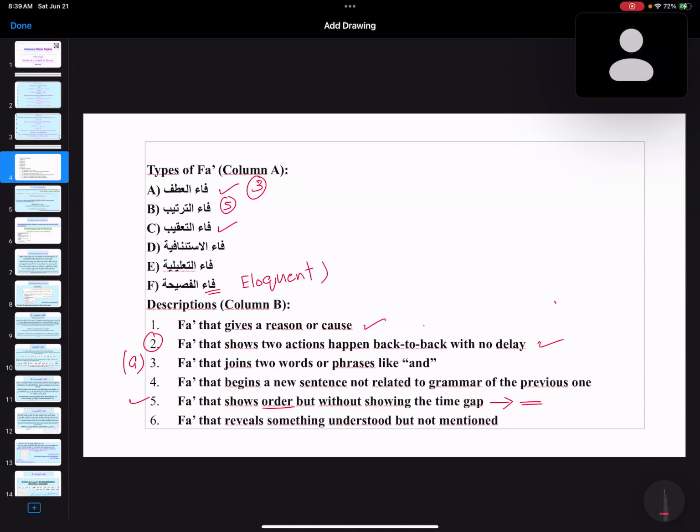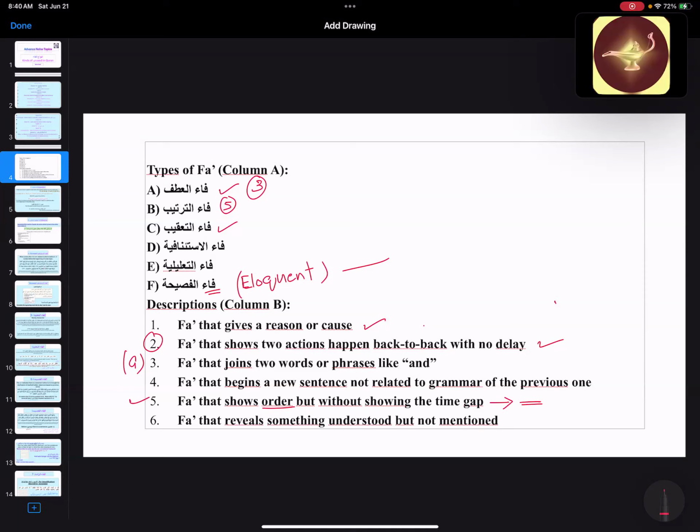Because just one letter fa lets us use fewer words. The whole sentence in between is missing. Not missing, rather it is so much understood that they just made it mahzoof.